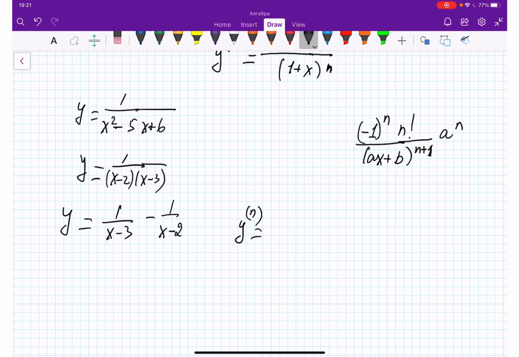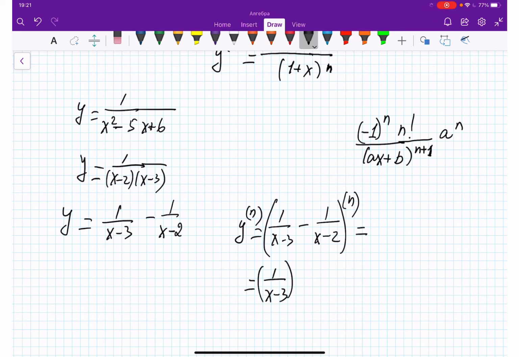It's going to be equal to the nth order derivative of 1 over x minus 3 minus 1 over x minus 2, which is going to be equal to, right? Let's see. It's going to be the nth order derivative of 1 over x minus 3, minus the nth order derivative of 1 over x minus 2.